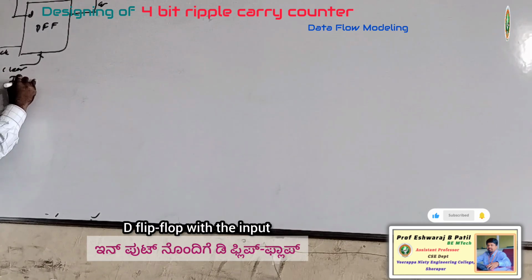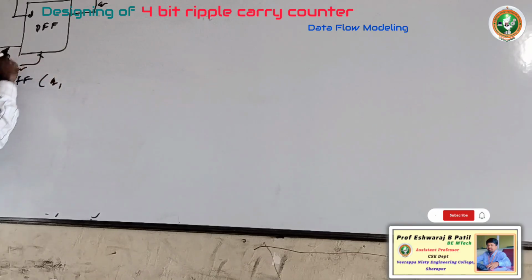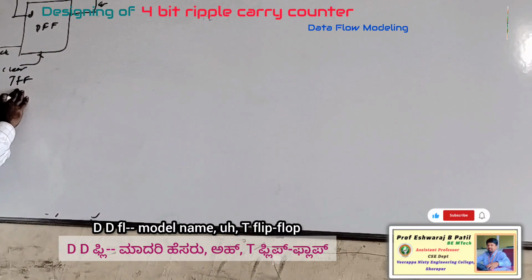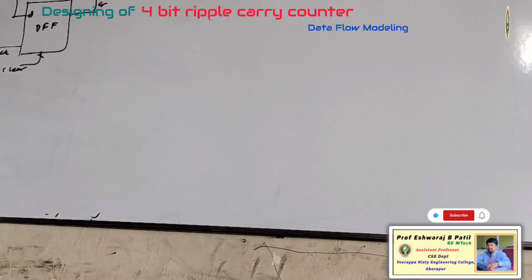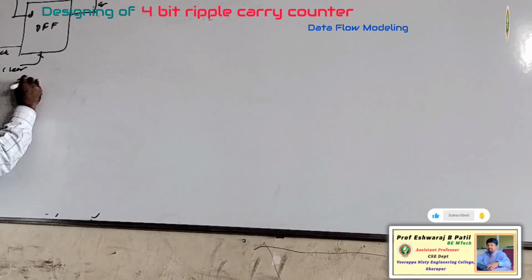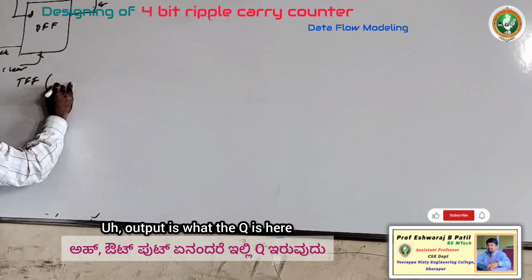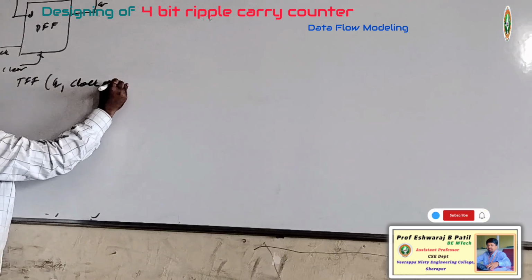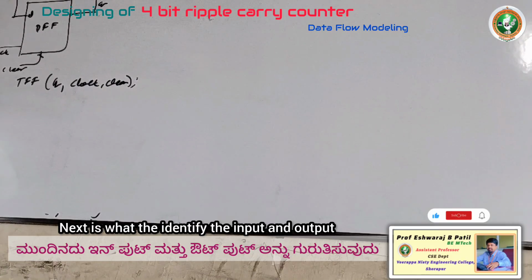The module name is T flip flop, with the inputs and the output Q. The input for this one is the clock and the clear. Next is to identify the inputs and outputs. First the inputs are clock and clear.